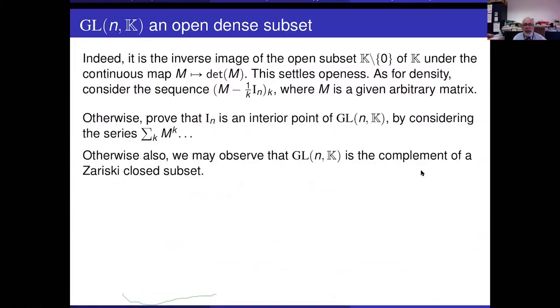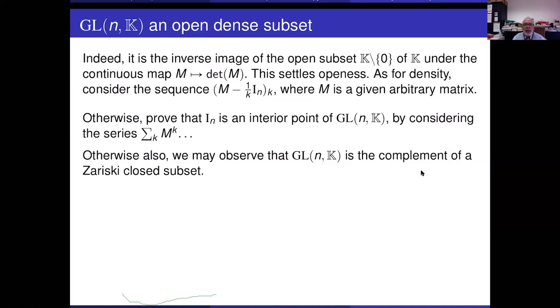Now, GL_n of K, with K equal to R or C, is an open dense subset inside the set of matrices. Of course, we have equipped the set of matrices, which is a finite dimensional vector space, with the natural topology.